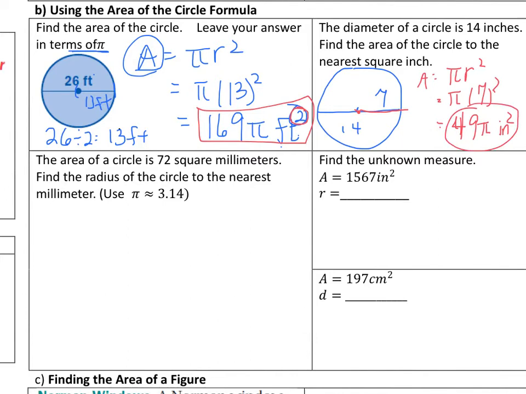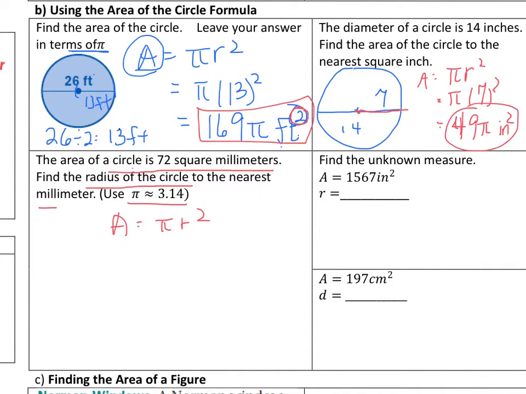The area of a circle here is 72 square millimeters. Okay, for the next problem, find the radius of the circle to the nearest millimeter. Use pi equals 3.14. Okay, area equals pi r squared.